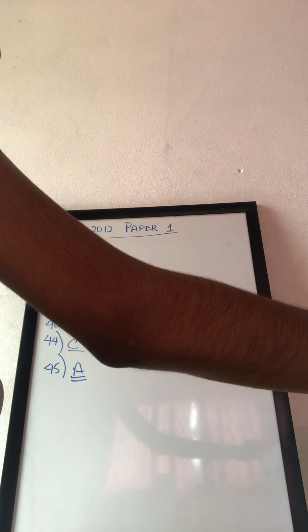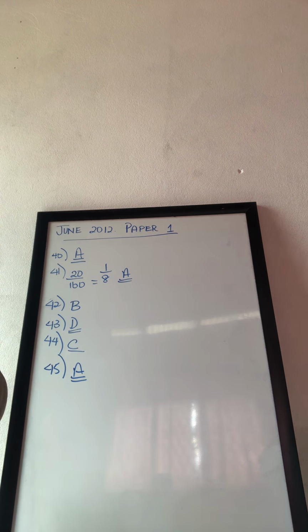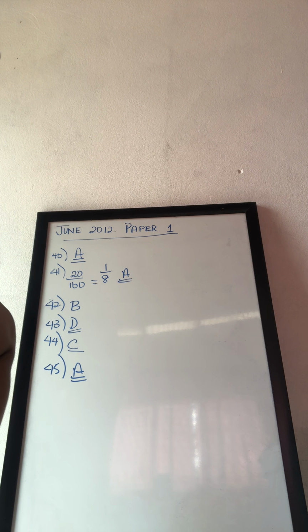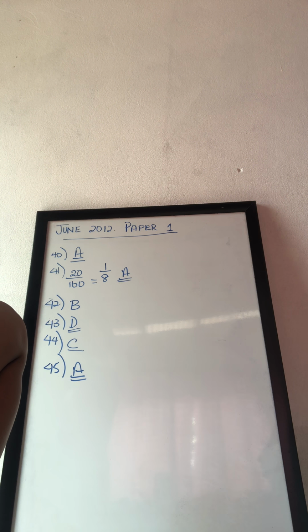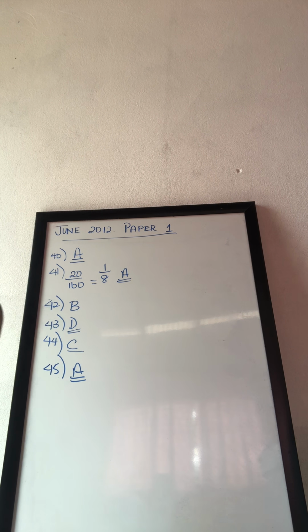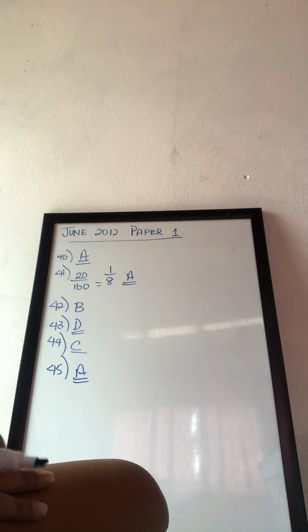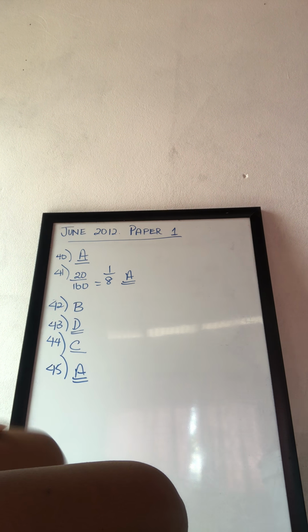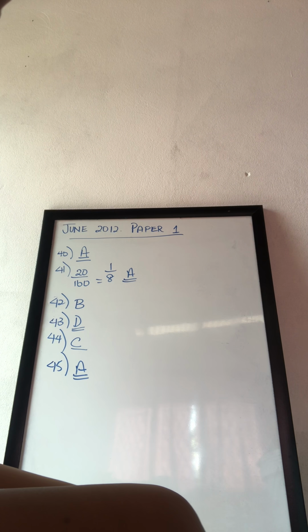For number 46, they want to know which of them describes the relation. Now a multiple is basically a number that you can multiply by another number to get a number, right? So if we multiply 2 by 2, we get 4. If we multiply 2 by 3, we get 6. If we multiply 2 by 4, we get 8.